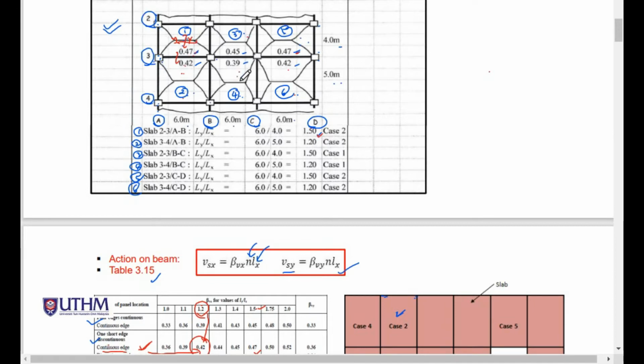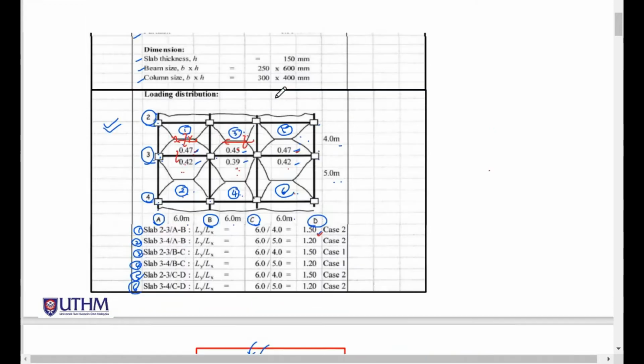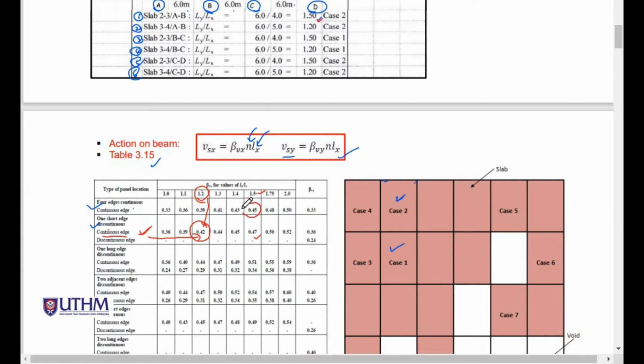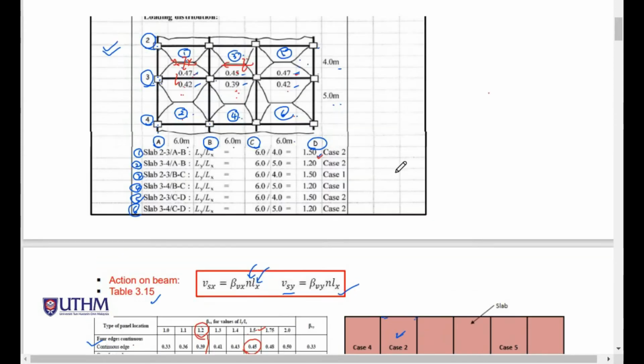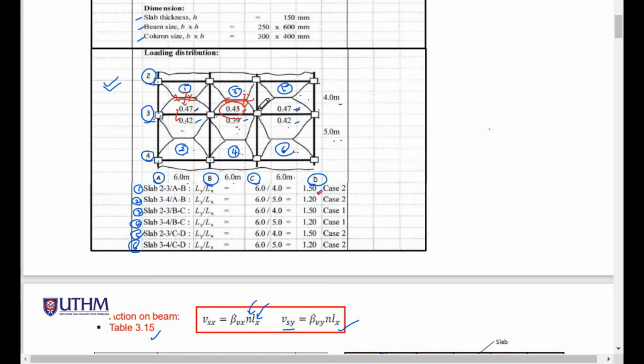Meanwhile, for the middle span here, surrounded by slabs at all edges, this is slab number 3. Here is X and here is Y. X here is continuous edge, 1.5, so the value is 0.45. The beta Vy is 0.33, but we are in the X direction here, so we select 0.45.